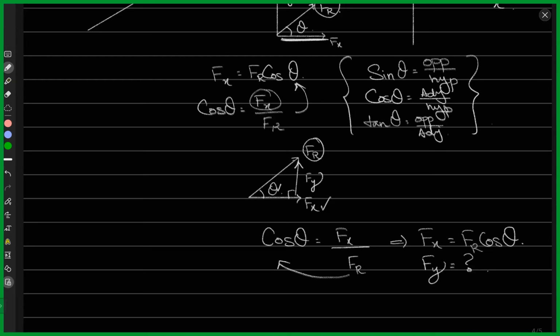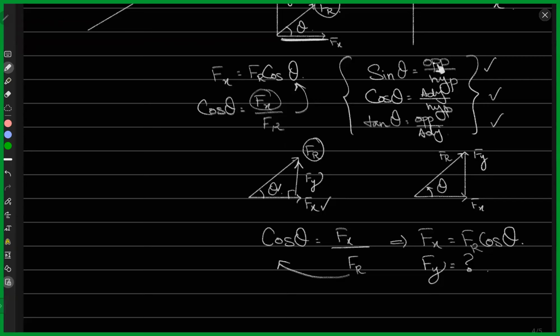Okay, I guess I'll just repeat how I found fx. We did the same thing. We drew this triangle where this was fy, this is fx, the same thing that I just did on the next page, and this was my fr. Now, if this is my angle theta with the horizontal line, then I have these three expressions from mathematics. If I want to write fy in terms of fr and theta, and fx should not be there, which of these expressions can I use?